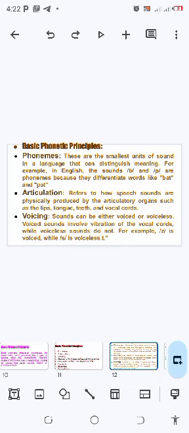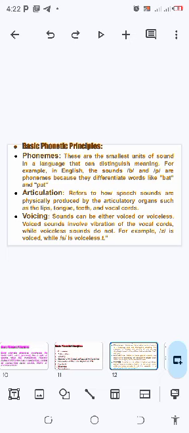A voiced sound involves vibration of the vocal cords, while a voiceless sound does not involve that. When you pronounce a sound that is voiced, just place your hand on the vocal cords and you feel the vibration. But if there is no vibration, then that sound is considered voiceless.